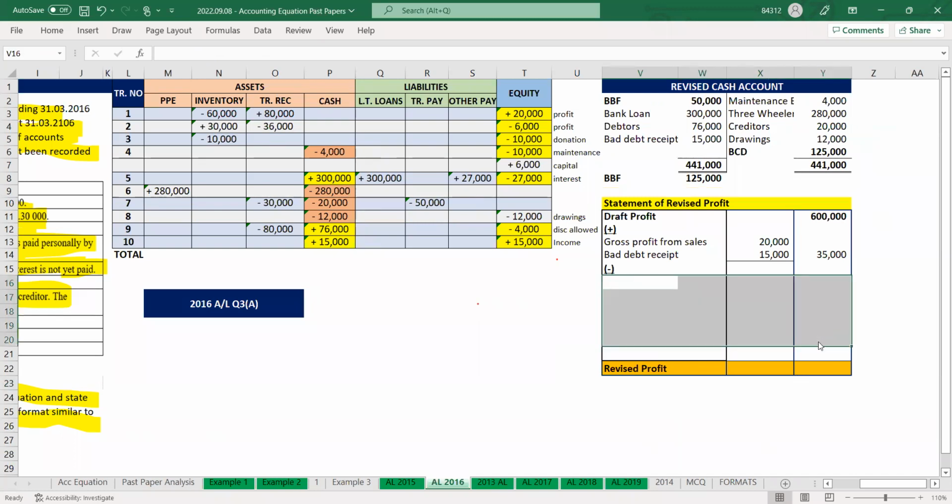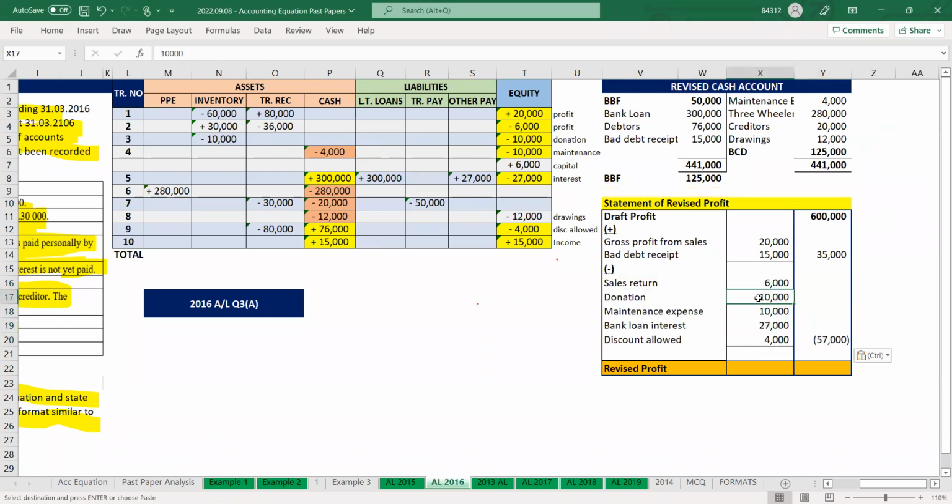So minus the sales return, donation, maintenance, interest, and discount. Revised means corrected. Now already they have calculated the profit without these transactions.